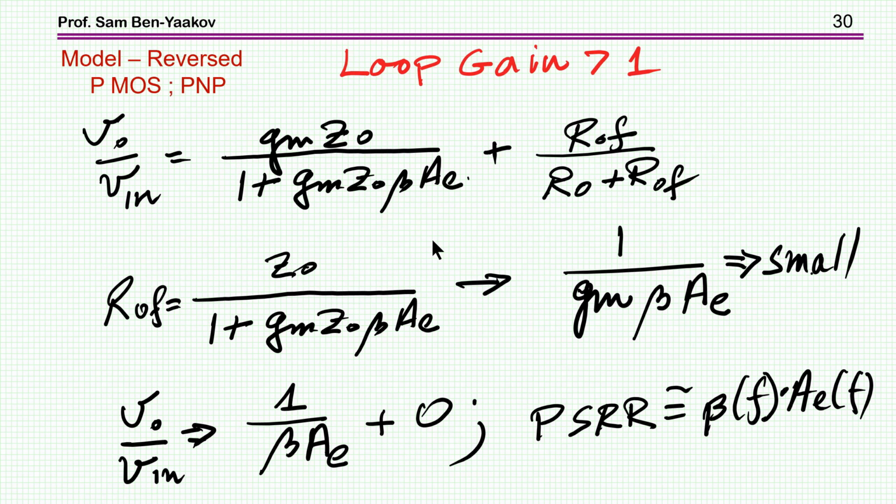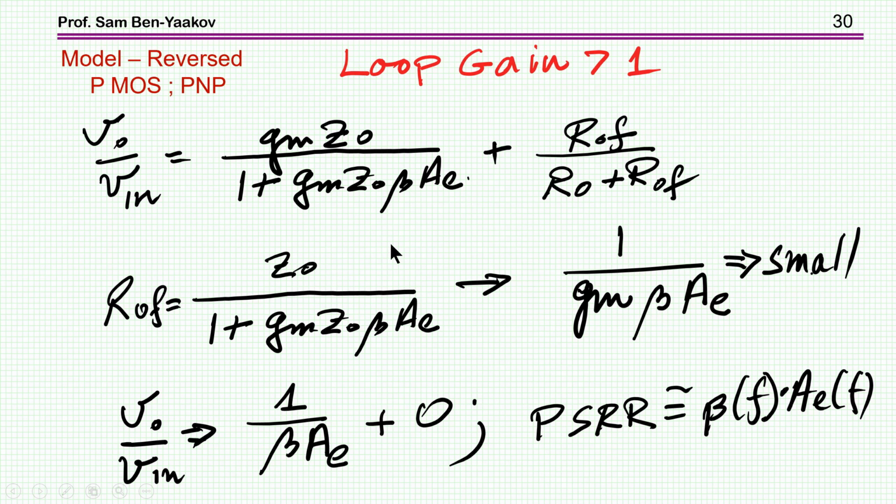Now, when it is larger than 1, let's first of all look at what happens with the output impedance. The output impedance is Z out over 1 plus GM Z out beta AE. Therefore we find that the output impedance is 1 over GM beta AE. AE is very large, it's a large gain error amplifier, and therefore this is very small.